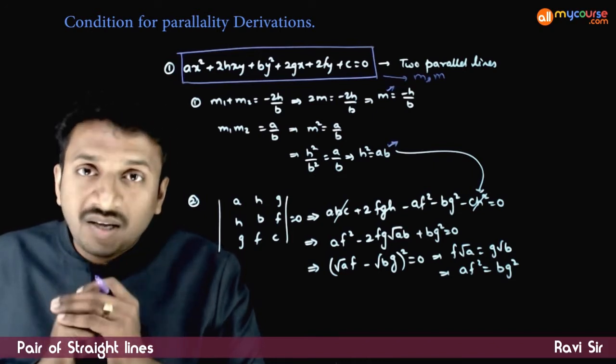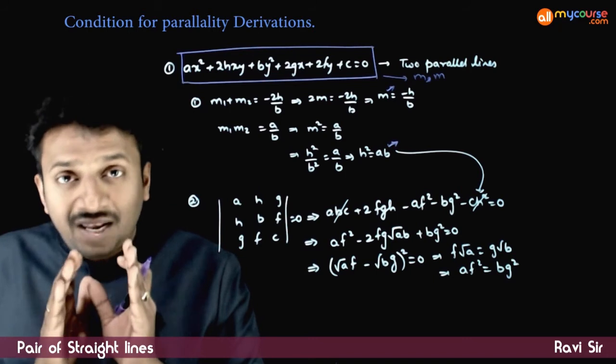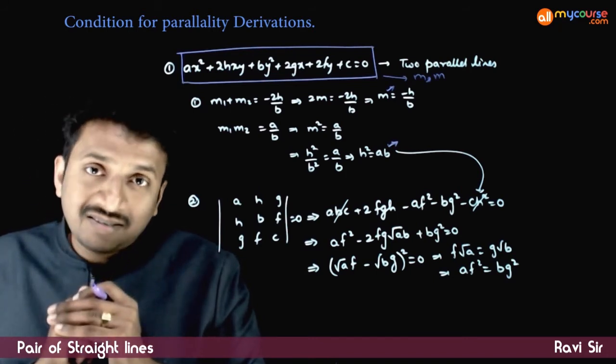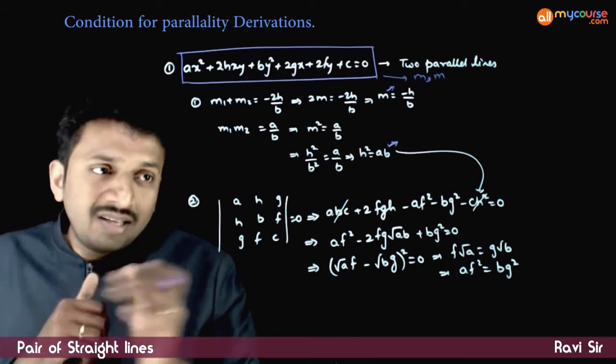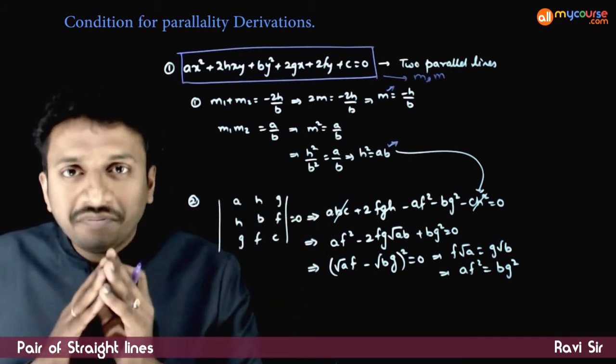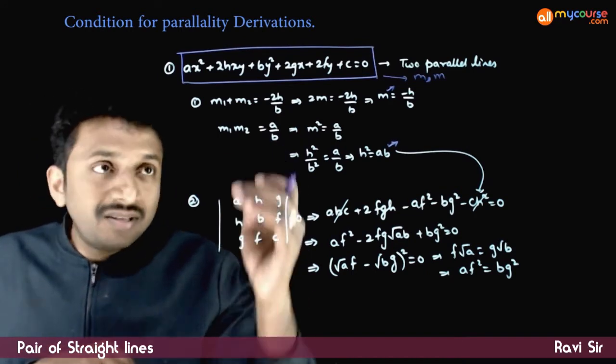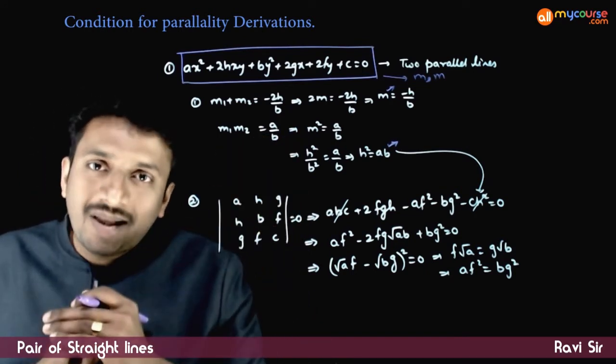And once h square is equal to ab, if the lines are real, they have to be parallel. Next, for the lines to be real, delta should also be equal to 0. So apart from this, if delta is also equal to 0, then they represent parallel lines.